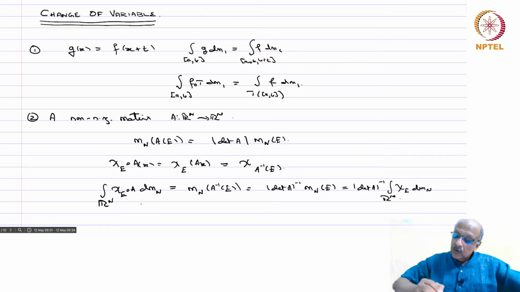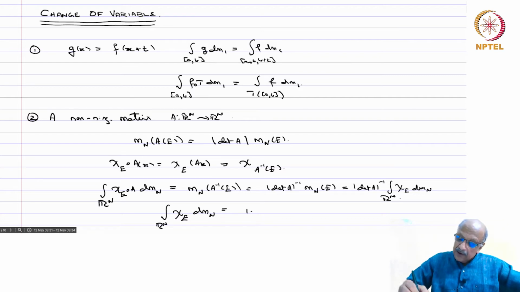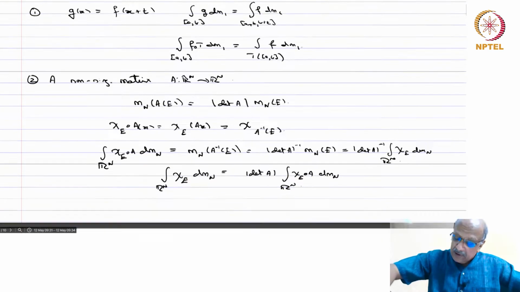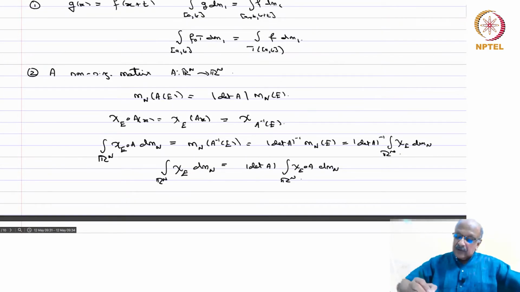Okay, so you have that the integral over Rn of chi_E dmn is equal to mod determinant of A times the integral of chi_E composed with A dmn over Rn. Okay, and using this, of course, you can now proceed for simple functions and then non-negative functions and integrable functions and so on, and we can rewrite the formula.